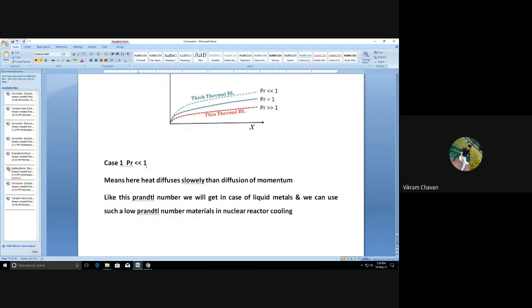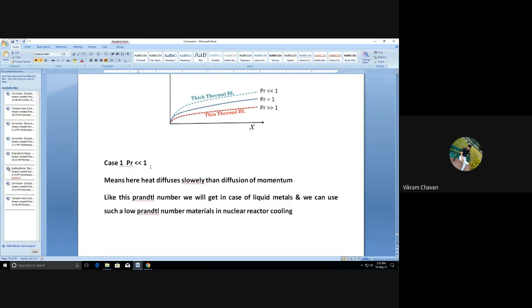Case number 1 is the Prandtl number less than 1. So what does it mean? In that case, the thermal boundary layer thickness is somewhat further away, on the upward side, than the velocity boundary layer.